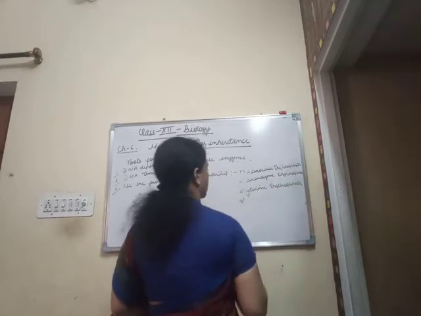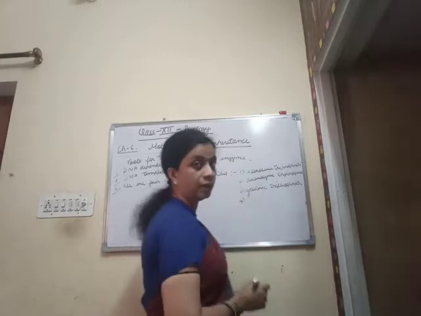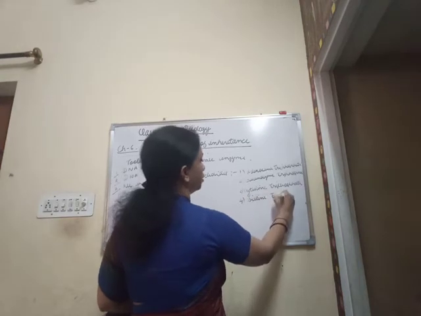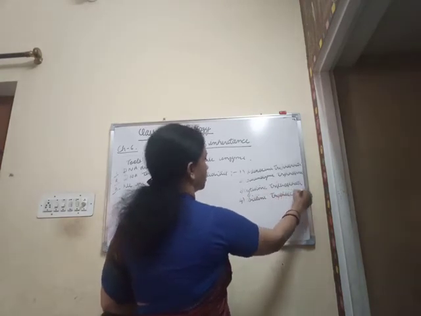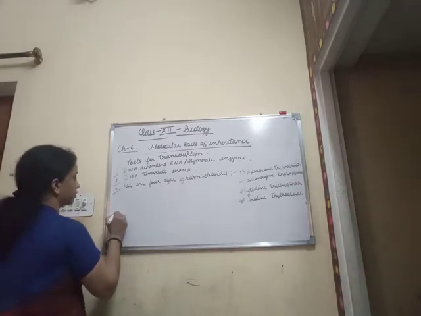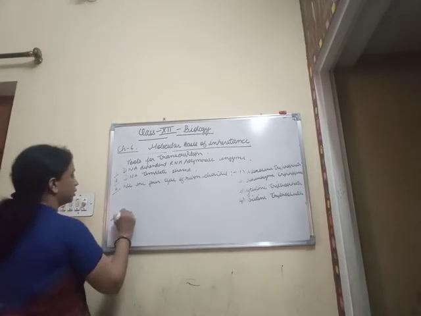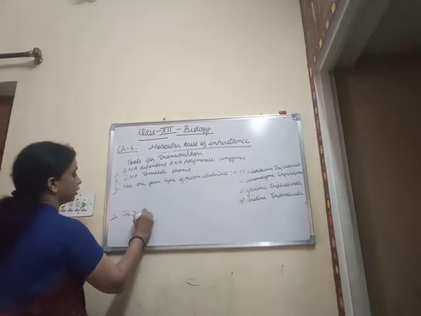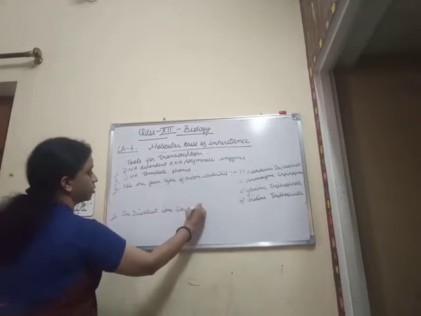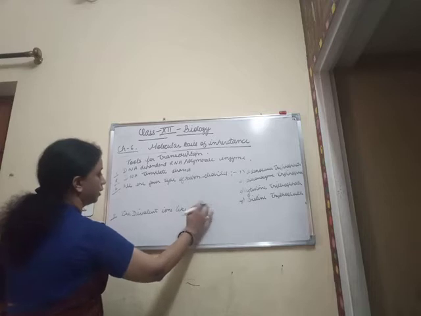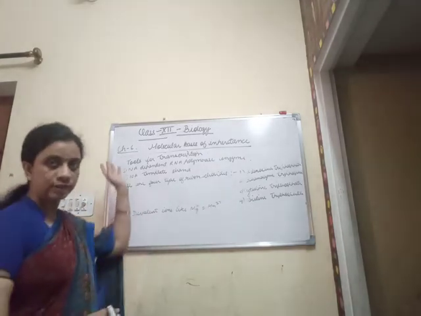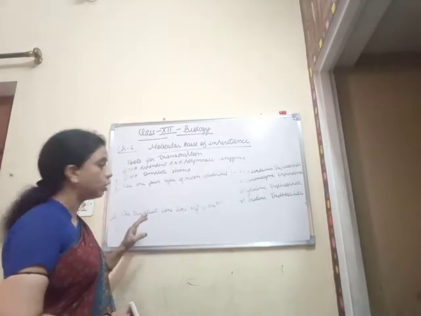And fourth, in place of thymidine, it will be uridine triphosphate. So these are the four types of ribonucleosides. Then fourth, it requires divalent ions like magnesium 2+ and manganese 2+.